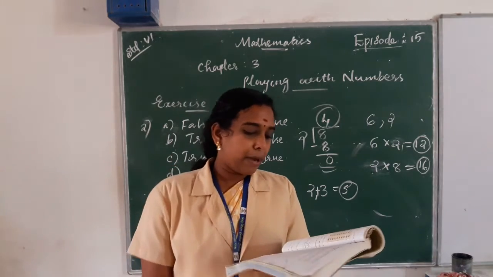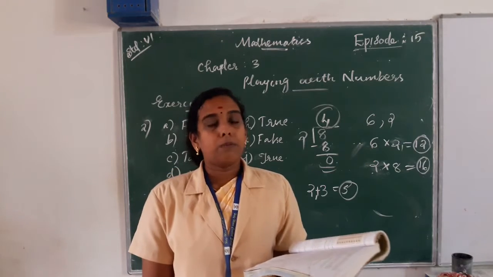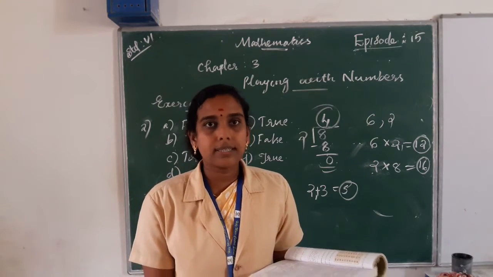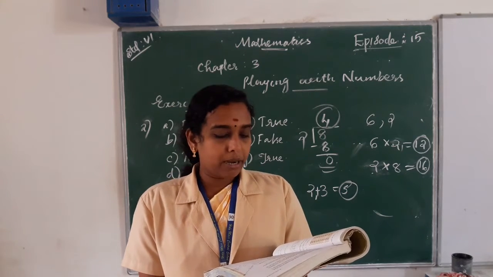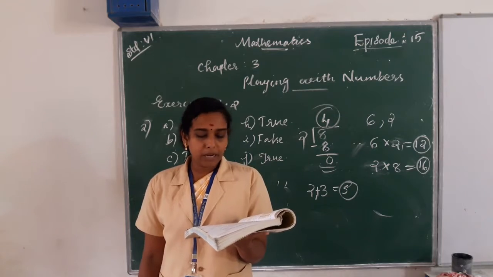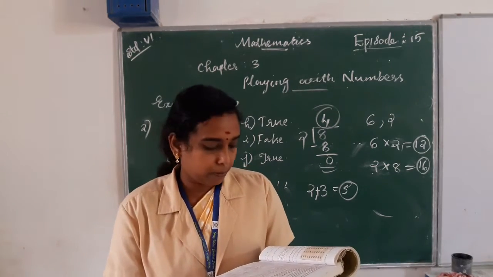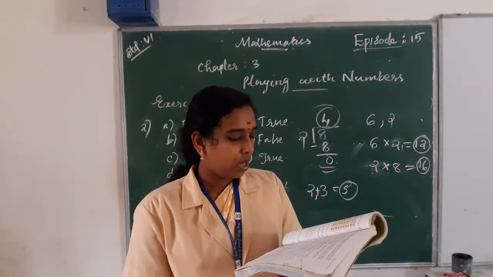Okay. Then prime numbers do not have any factors. It is false. Prime numbers have two factors, that is, 1 and the number itself. Then the sum of two prime numbers is always even. This is false. The sum of two prime numbers may be an odd number. Then 2 is the only even prime number. That is true.